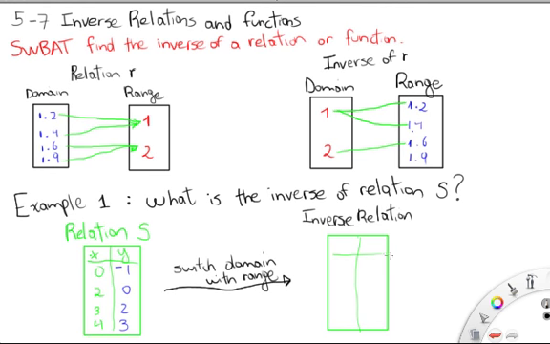What do I mean by that? I'm still going to have x and y here, but where I had my x's, I'm now going to have my y values. So in other words, the y values from my original relation become the x values from my inverse relation.